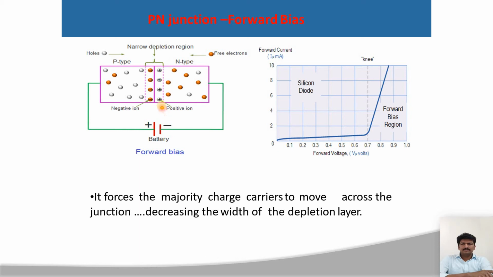Here we have the positive ions and negative ions. It forces the majority charge carriers to move across the junction, decreasing the width of the depletion layer. In this forward bias mechanism, the battery is connected according to this diagram, so that it narrows the depletion region.